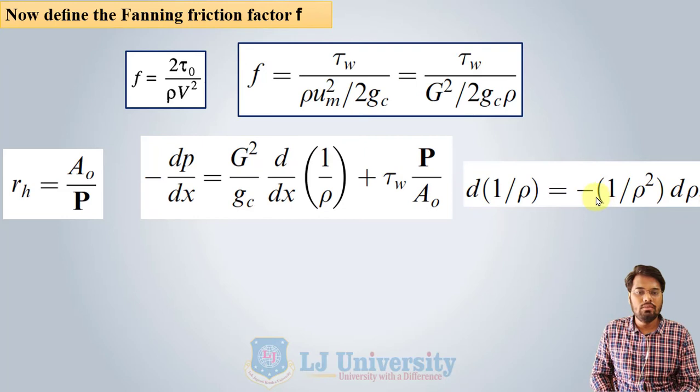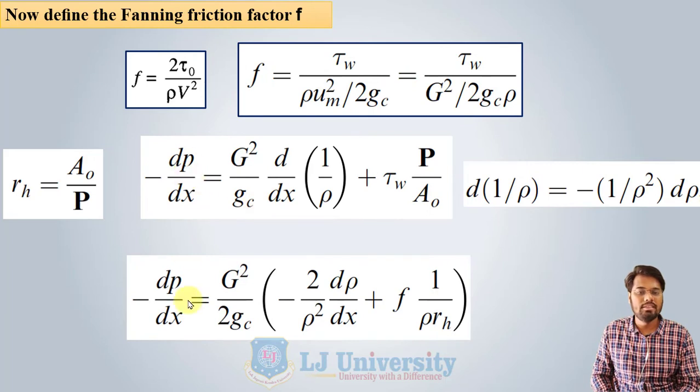Putting these values in our equation, we get minus dP by dx as it is. Instead of d by dx of 1 upon rho, we get minus 1 upon rho square into d rho, multiplying and dividing by 2.